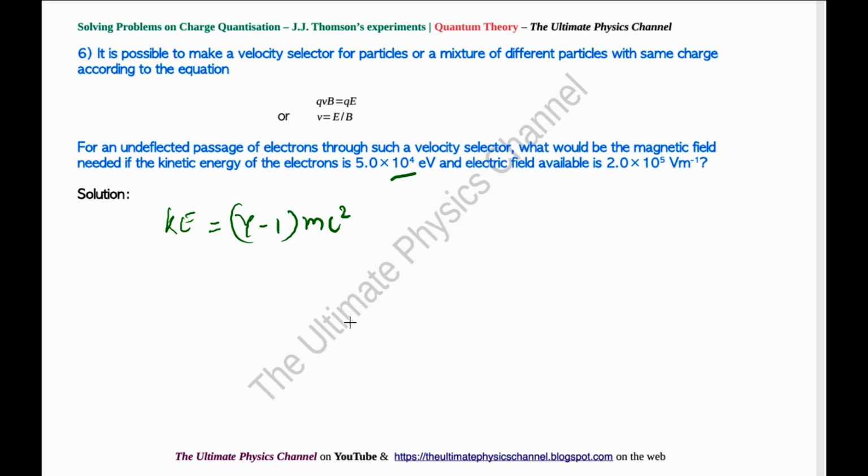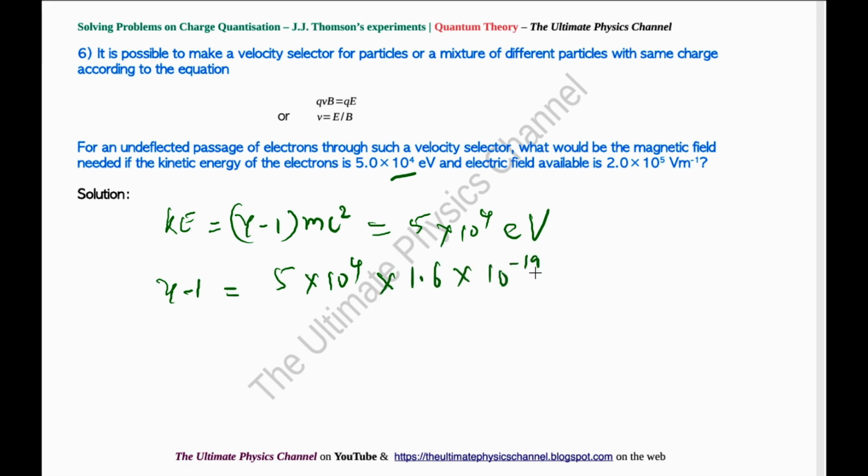This is given as 5 into 10 power 4 eV. Therefore gamma minus 1 is equal to 5 into 10 power 4 eV, which I convert to joules by multiplying by 1.6 times 10 power minus 19, the charge of the electron, so that the eV units are converted into joule units.